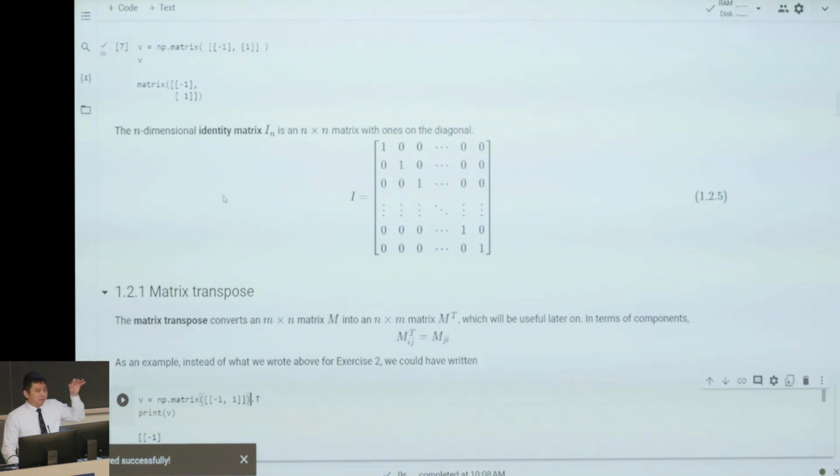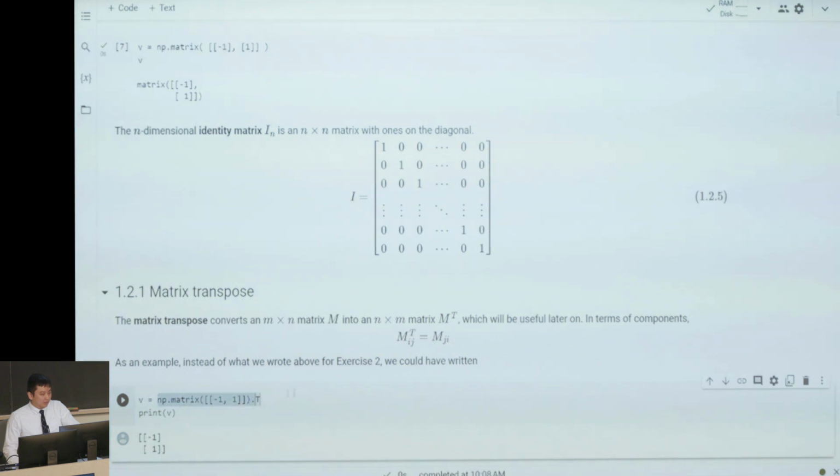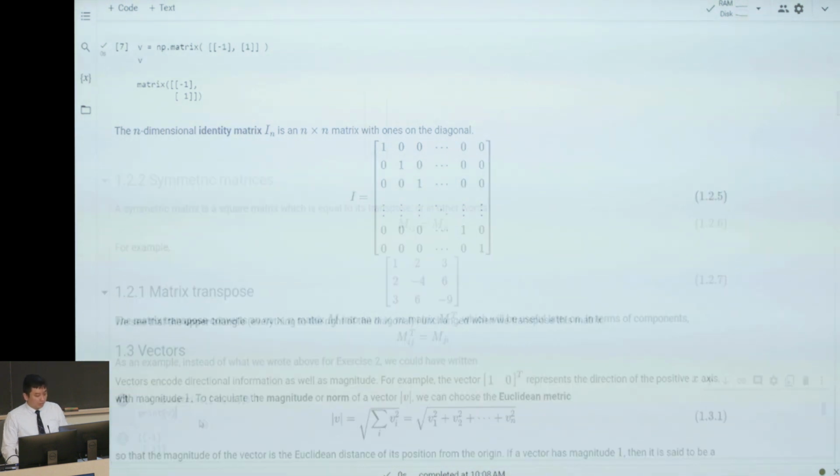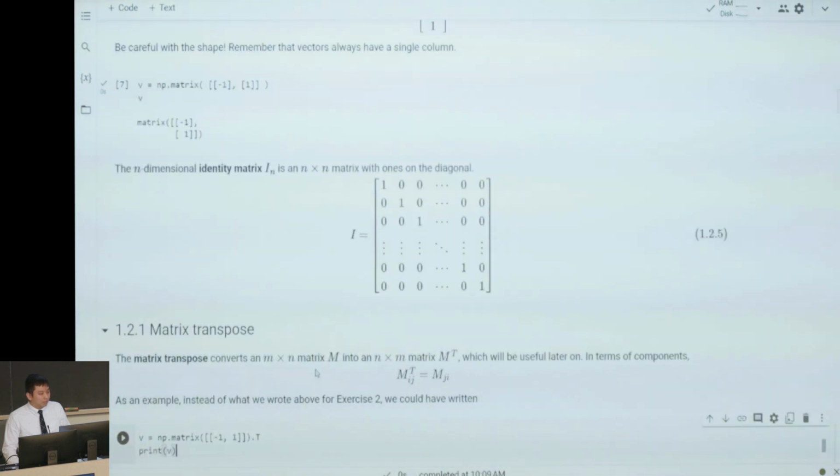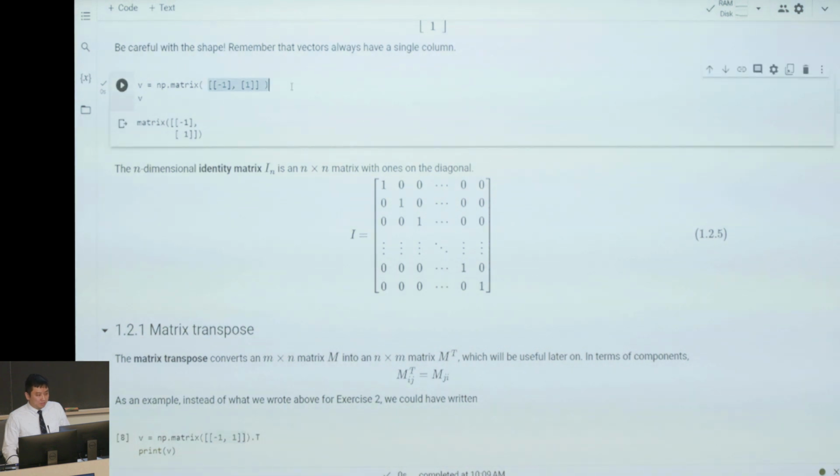It was kind of flipped on its side. So the .T operator here transposes it so that it is the right shape. As you can see, we wrote it as a 1 by 2 matrix, but because we transposed it, it looks like this 2 by 1 matrix.